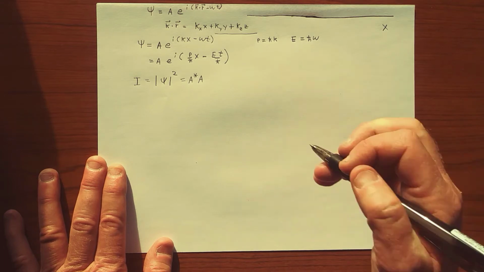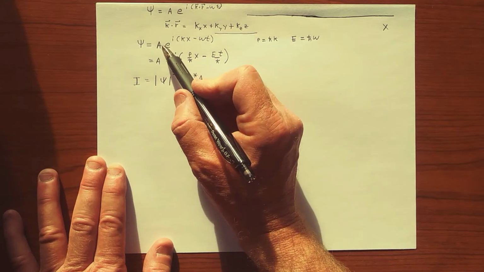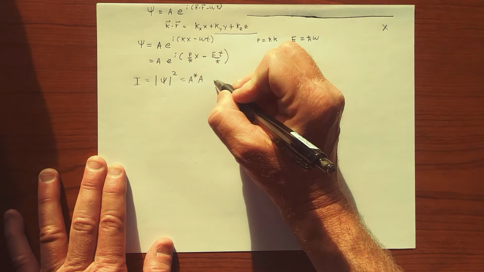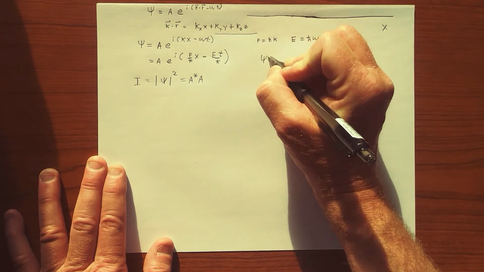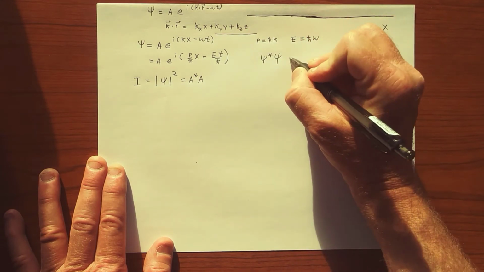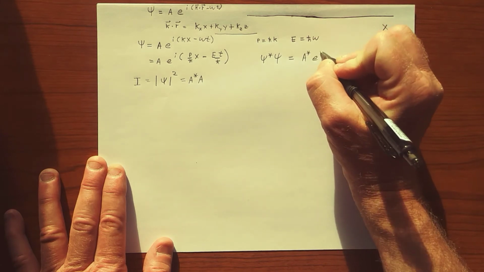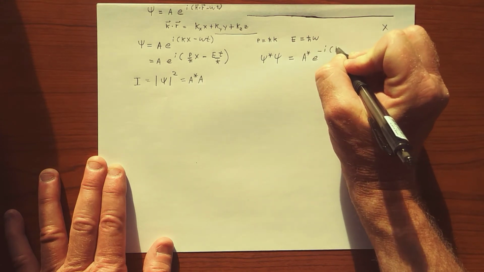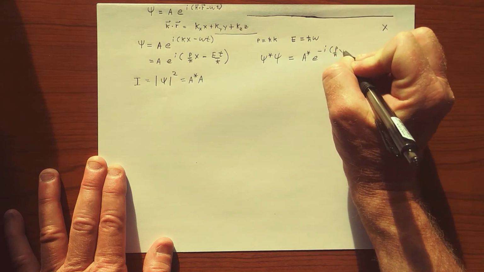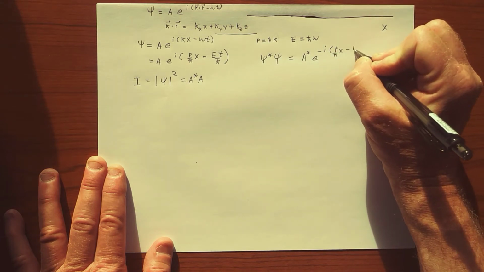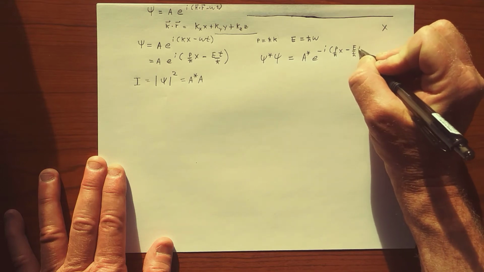So when we do psi star psi, psi star is A star e to the minus i times p over h bar x minus E over h bar t.